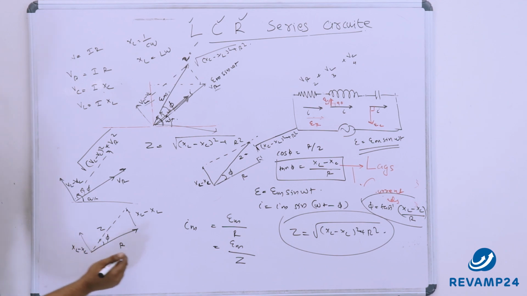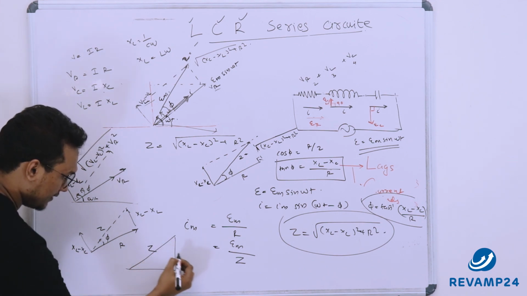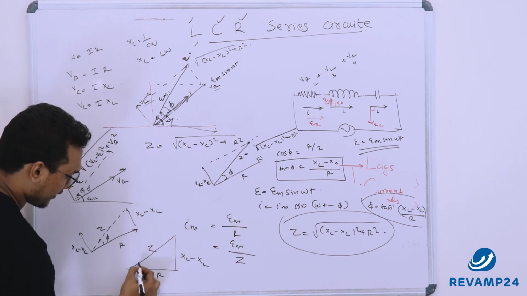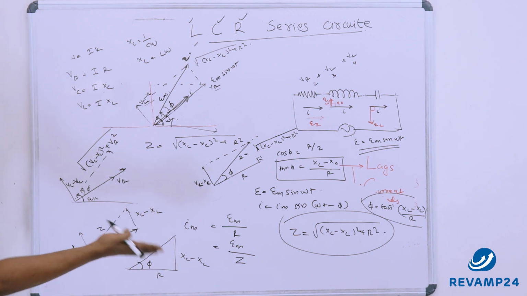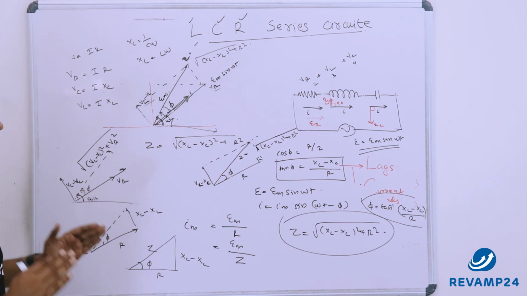See, this is the triangle. This one is Z, this one is XC minus XL or XL minus XC, and this is R, this is phi. Now from here you can find sin phi or cos phi or tan phi, whatever you want. So this is very, very important.